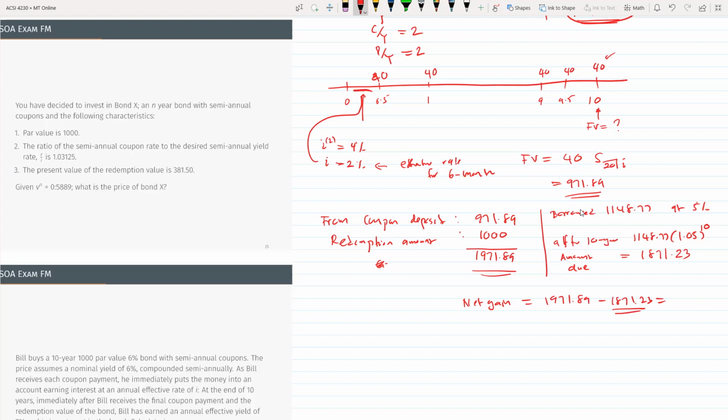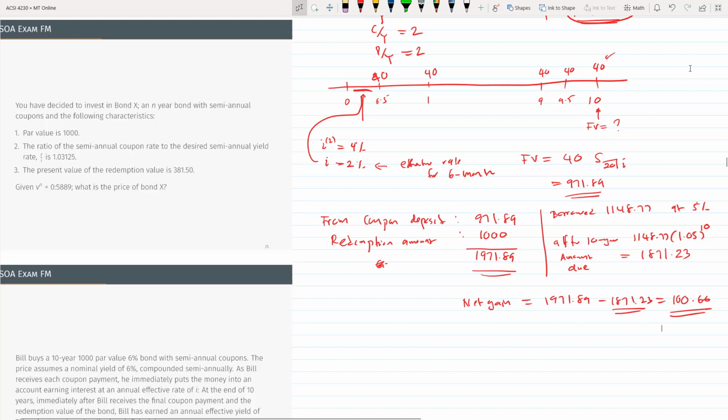Because you borrowed it, you are going to pay everything in one lump sum. So this will give you $100.66. Okay, so that's the net gain for that investment.